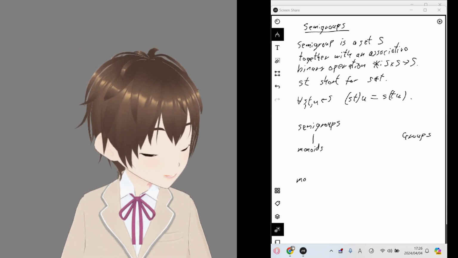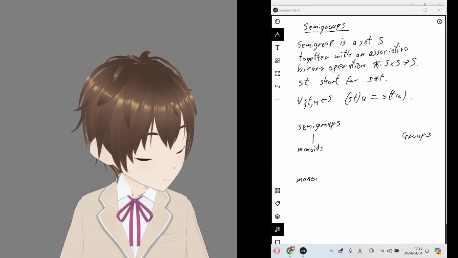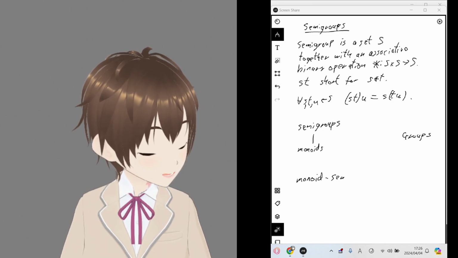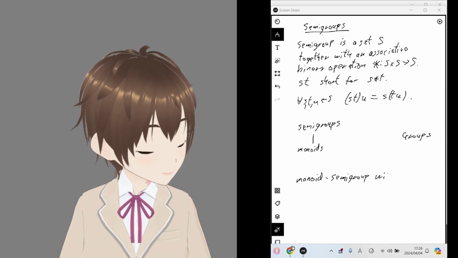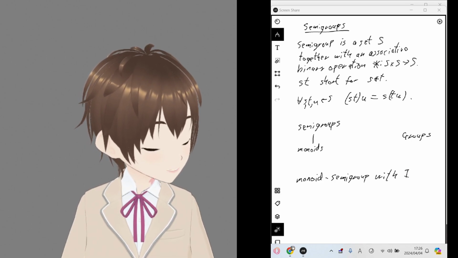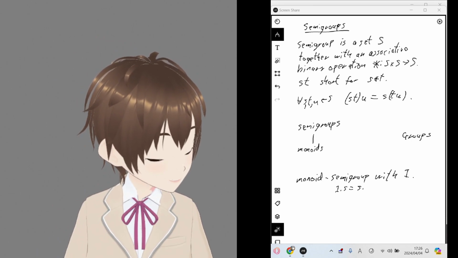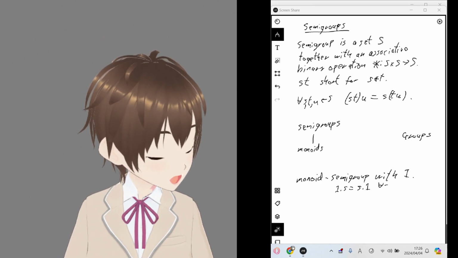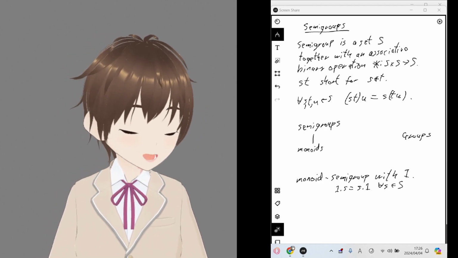So a monoid is a semigroup with an identity, which we call 1. So we require that 1s equals s1 equals s for all s in my semigroup slash monoid, if it's an identity.